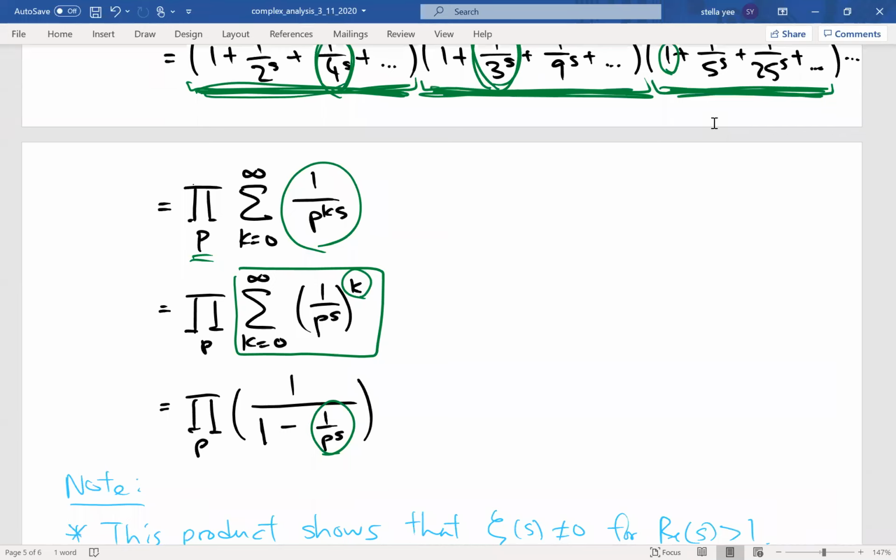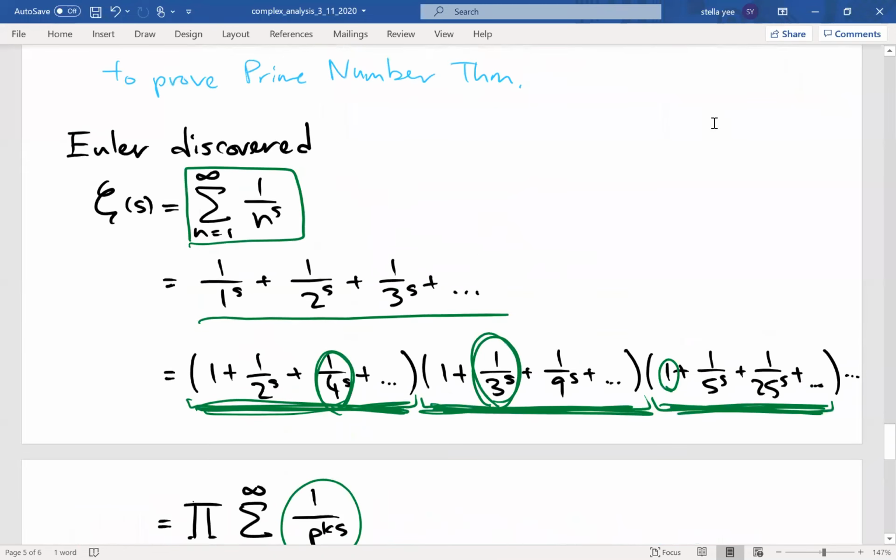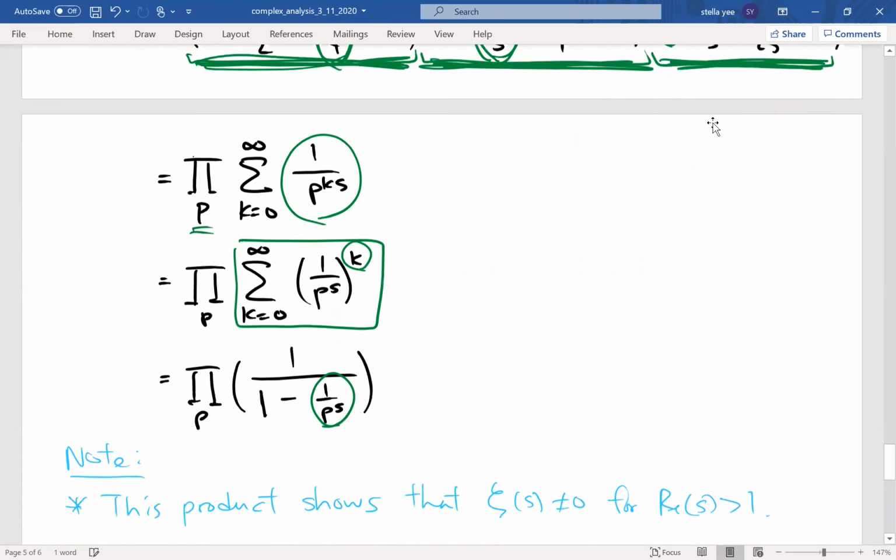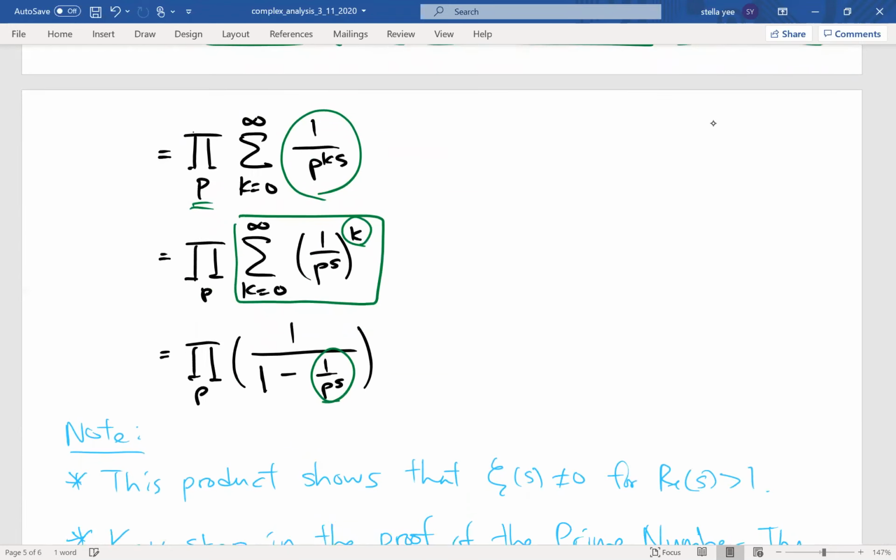So we started with this zeta function right here, and we've written it in a different way. So it's an infinite product of factors that look like 1 over 1 minus 1 over p to the s. I don't know if this is any easier to analyze, but you can see why prime numbers play a role here.